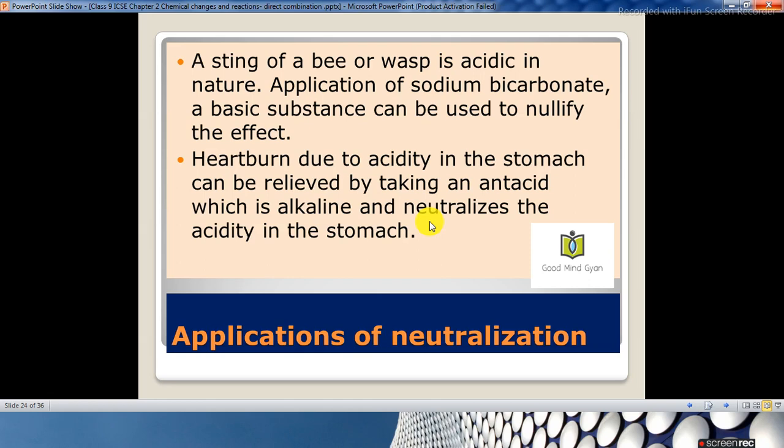The sting is acidic, and when you apply a base, that is sodium bicarbonate, the effect is nullified. The second application is heartburn. You have heartburn due to acidity in your stomach, which can be relieved by taking an antacid. The antacid here is alkaline in nature, it's a base. So the acid will combine with the base, the neutralization reaction will take place, and as a result the acidity in the stomach will be neutralized. You will be free of acidity.